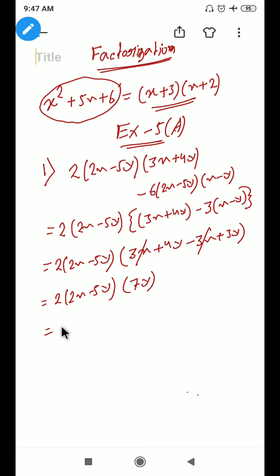So 7 twos are 14, and here is y, 2x minus 5y. So we can express this as a product of some expressions. This is our factorization done here. Now go to the next problem.